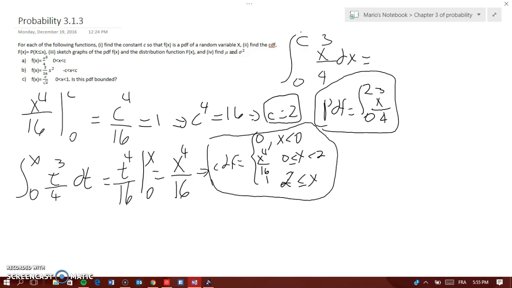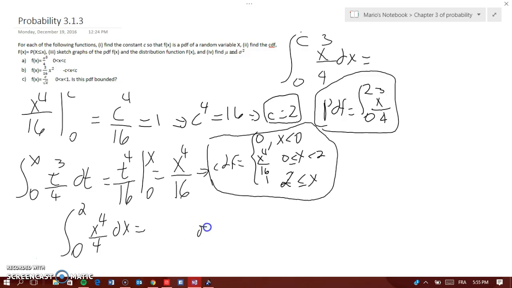And you guys know the mean is the integral of x times f of x, so that would be from 0 to 2. For the mean, it is x times the PDF, which is x cubed over 4. X cubed times x will be x to the 4 over 4 dx, and you can do the rest.